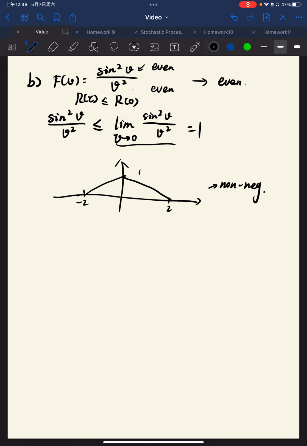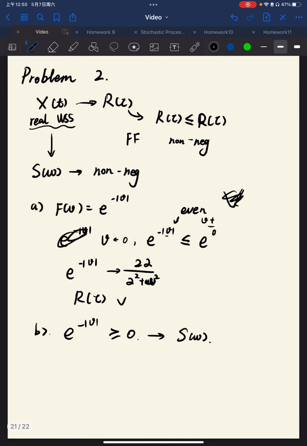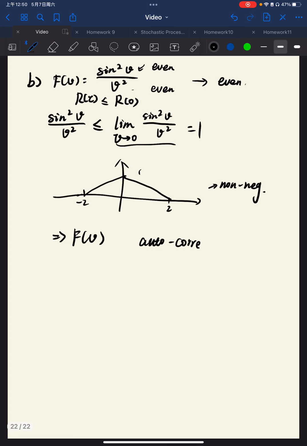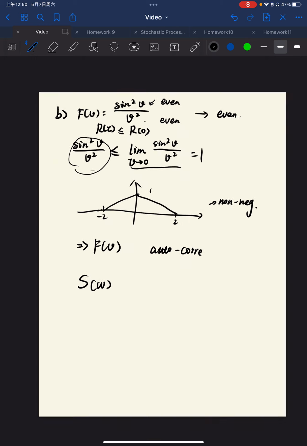So based on these properties, you can imply that this function can be used to represent an autocorrelation. And because we know this part is always non-negative, it can also be used as the power spectrum density.